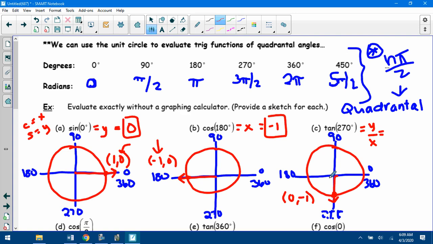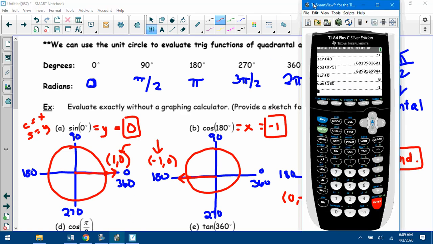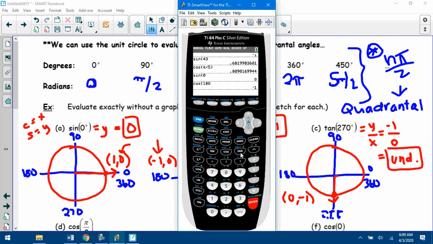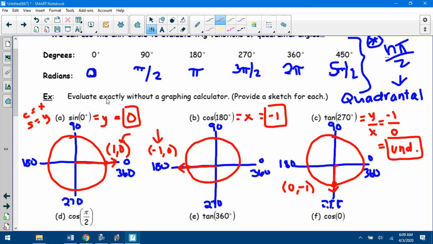So what's the y coordinate here? -1. Over what's the x coordinate? 0. And what's -1 divided by 0? You can't divide by 0. This is undefined. So the answer is not 0. It's undefined. And the calculator can even show you that. If I type in tangent of 270, it tells me error domain. The domain error is you have a 0 in the denominator. It's undefined.